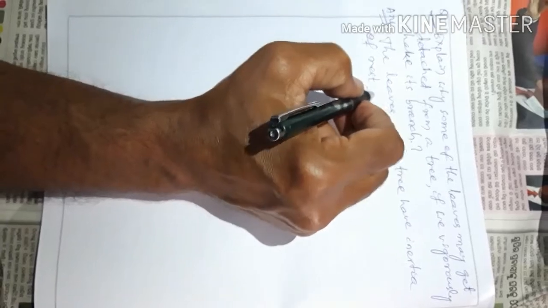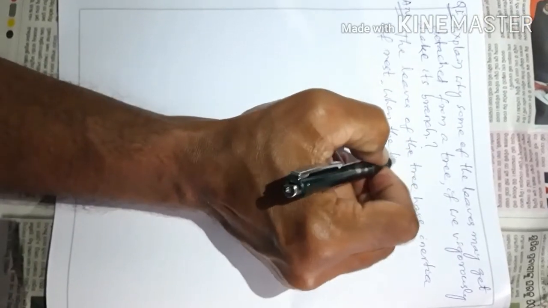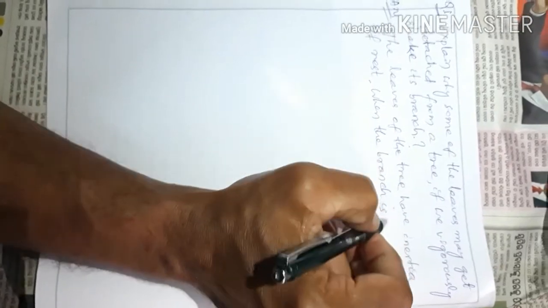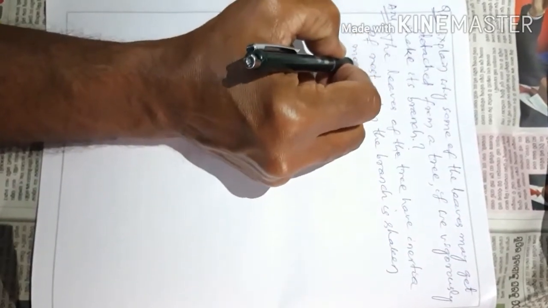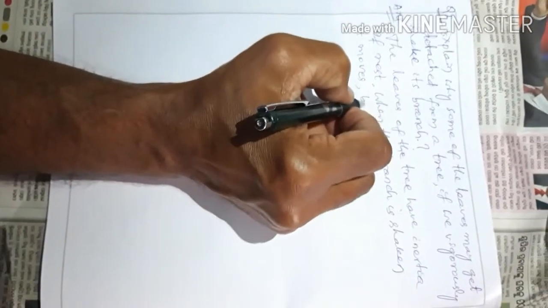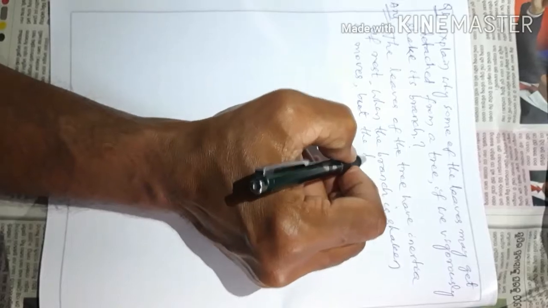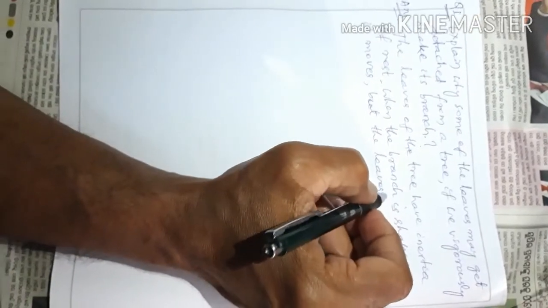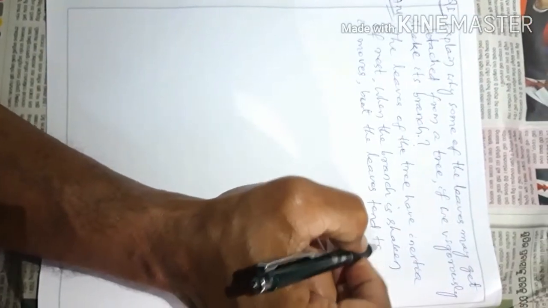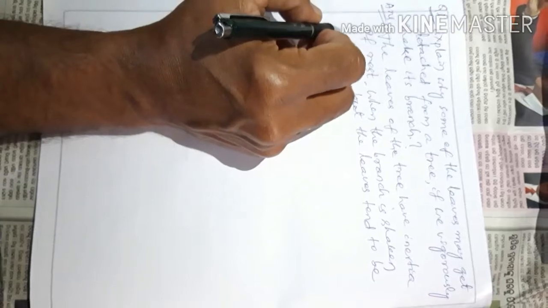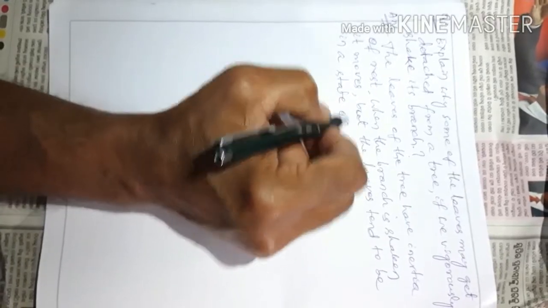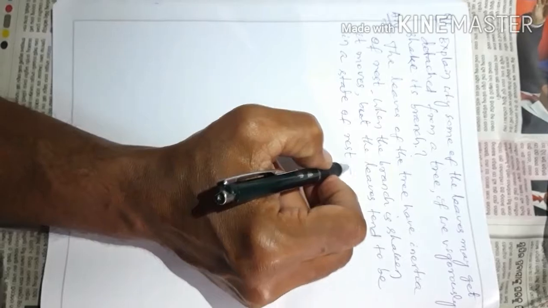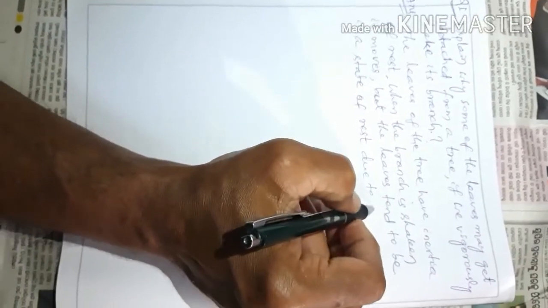When the branch is shaken, it moves, but the leaves tend to be in a state of rest due to their inertia.